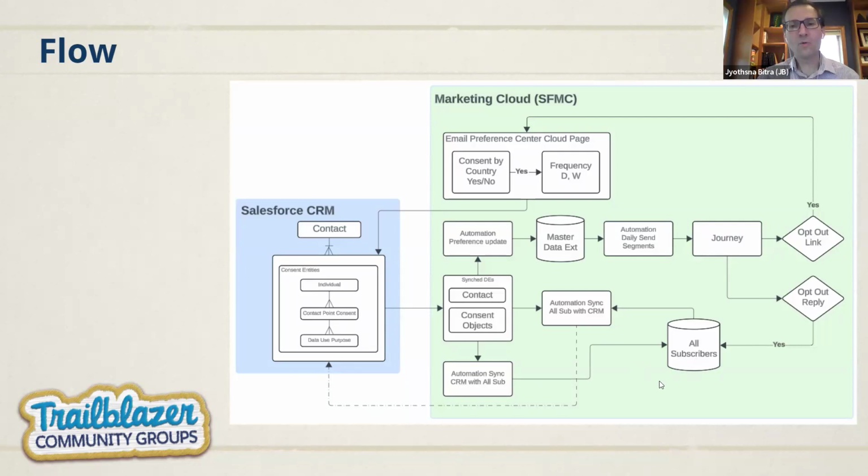A second automation will be driving those journeys. So we're going to be capturing consent on email, on SMS, or on mobile opt-ins, on a variety of different channels and a variety of different communication methods within those channels. So what we want to do is use an automation to populate a master or universal data extension that we can use to query to determine who should be receiving emails in those journeys.